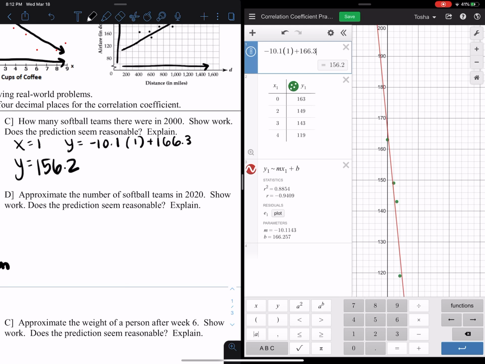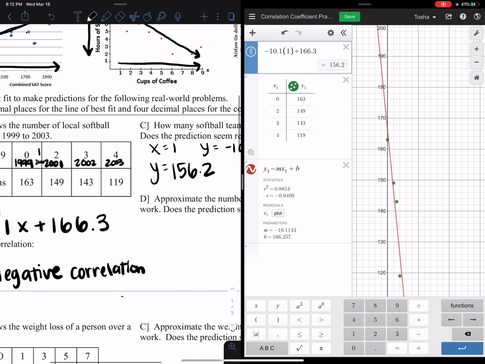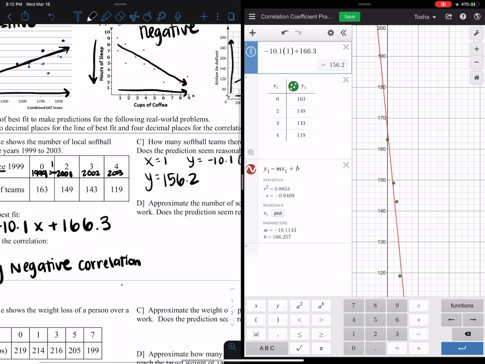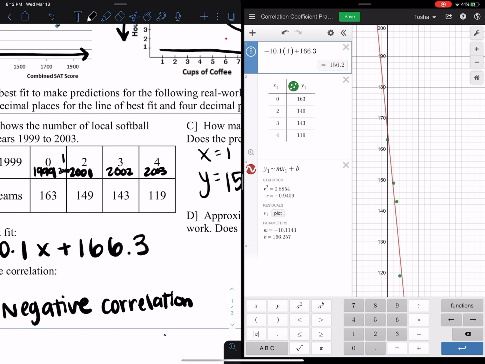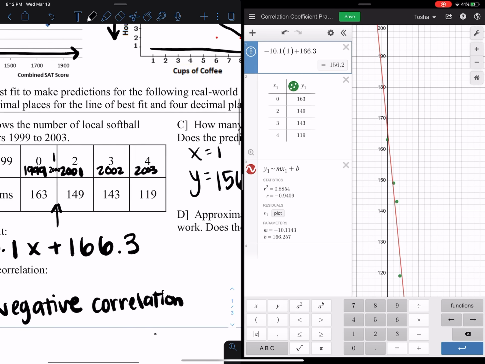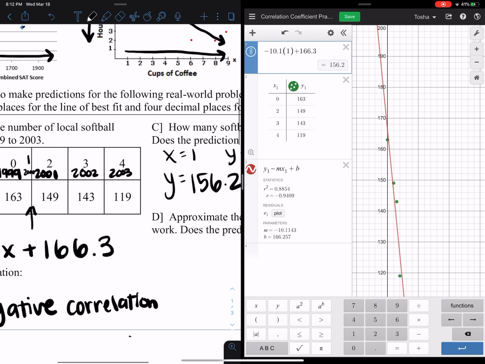Other than the fact that you can't really have a decimal for a softball team, because you can't have 0.2 of a softball team, does this prediction seem reasonable for that year? If we look at our table, it should fall right in between 1999 and 2001. So does it make sense that 156.2 is right in between 163 and 149?